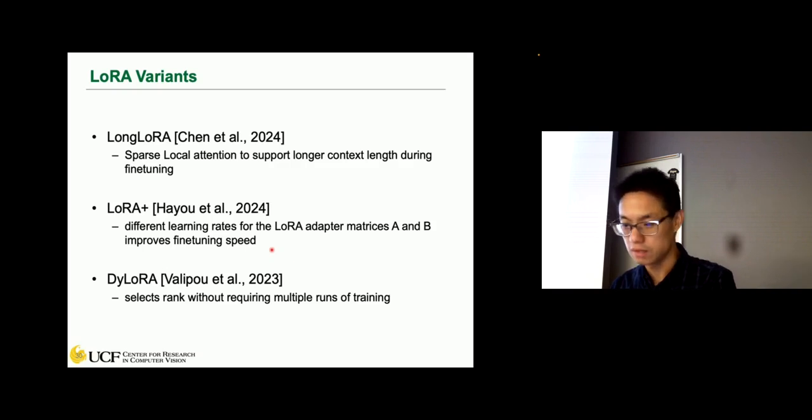Maybe you can have an adaptive rank distribution for different layers. All these things can be tuned and optimized, so you are able to achieve the best tuning accuracy and at the same time lower the tuning cost. If you're interested, you can read these LoRA variants and see if they can be used in your application as well.